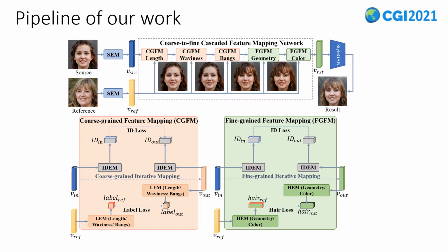We then apply iterative mapping with identity loss and label loss. Similarly, in the FGFM, we extract 3D hair model from latent space with hair extraction module, HEM, and then optimize the portrait with identity loss and hair loss.